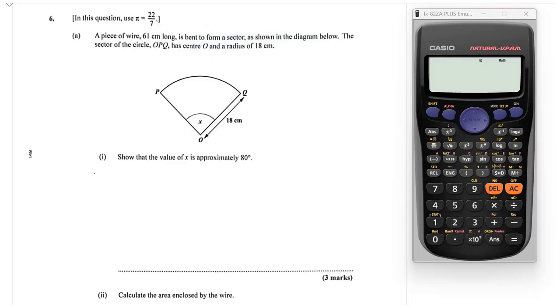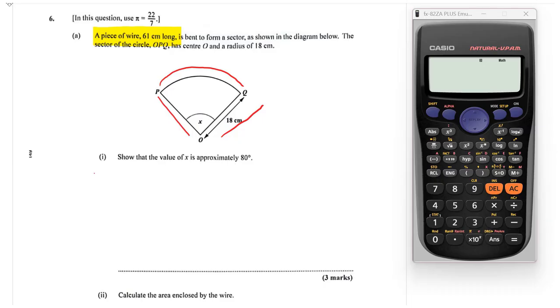In order to show that x is approximately 80 degrees, we need to use this key piece of information here. A wire of length 61 centimeters long. Using that information, the perimeter of the sector must be equal to 61 centimeters.